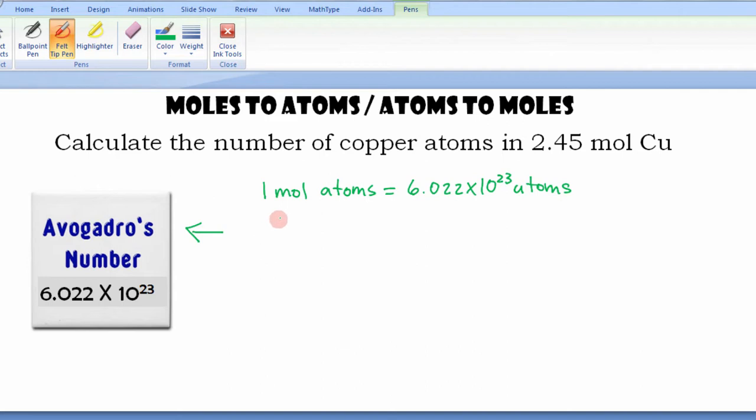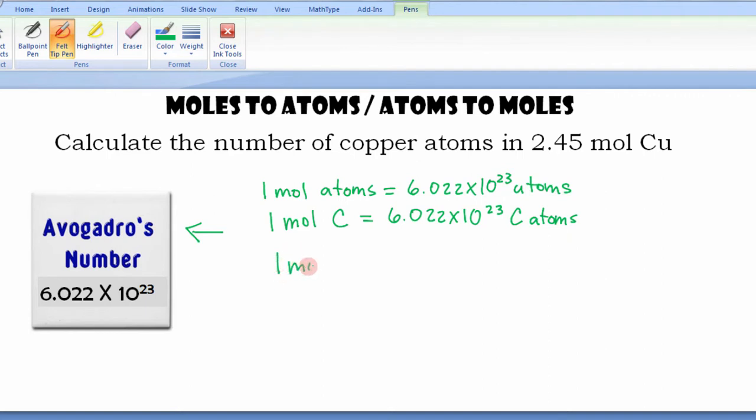So if we had 1 mole of carbon, we would say that is equal to 6.022 times 10 to the power 23 carbon atoms, or atoms of carbon, either way you want to say it.